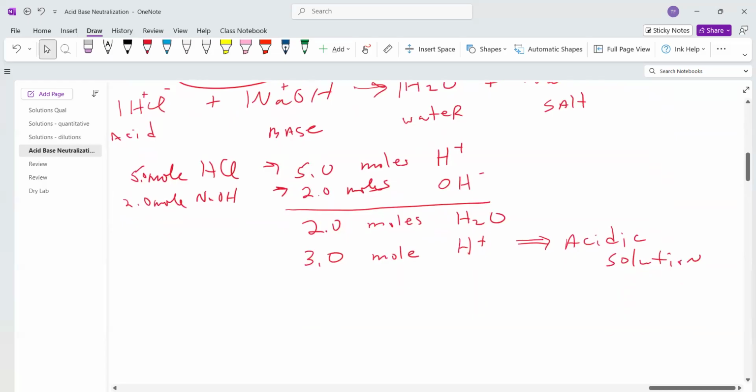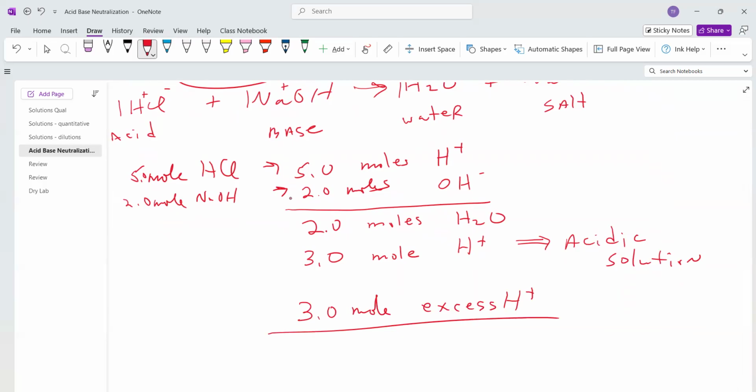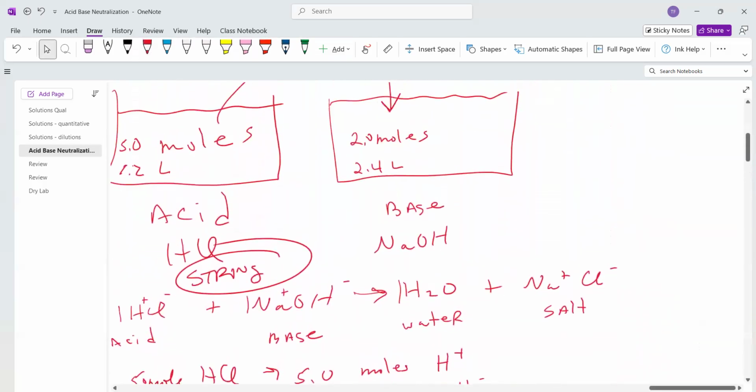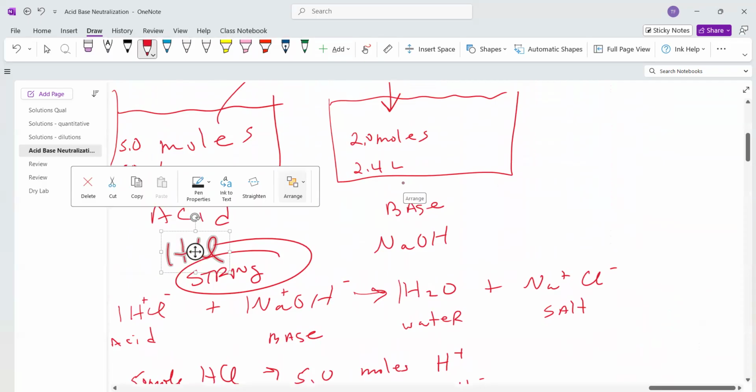So what is our new concentration of H+? Okay, so we know we have 3 moles. What's our new volume? What is it? 2.6 liters. Excuse me, 3.6 liters. Okay, 1.2 liters plus 2.4 liters.